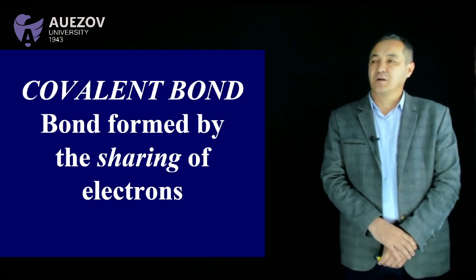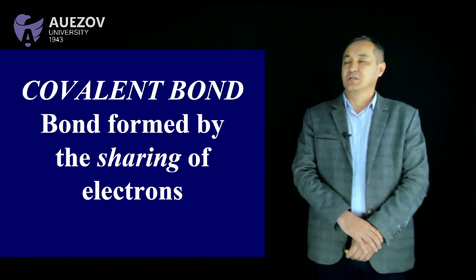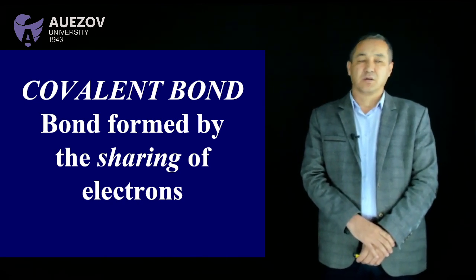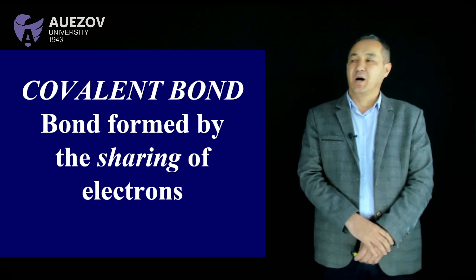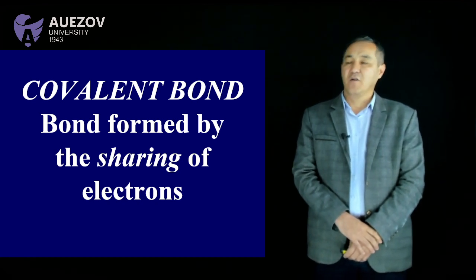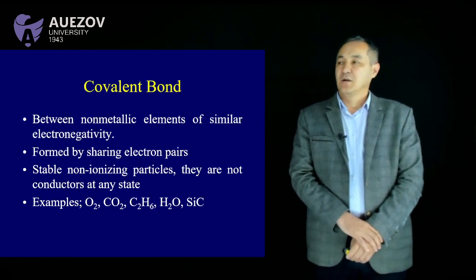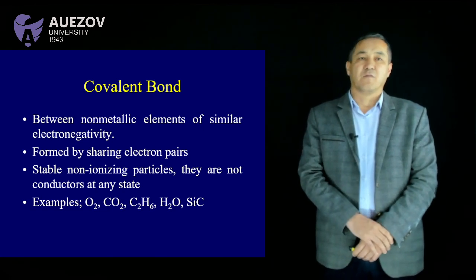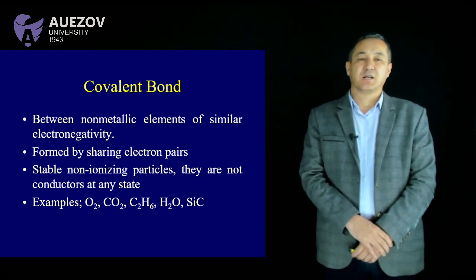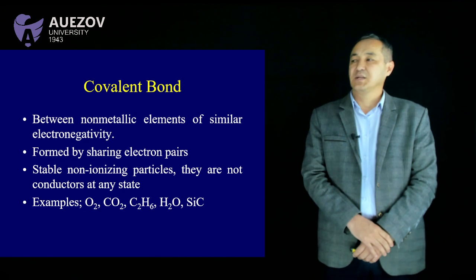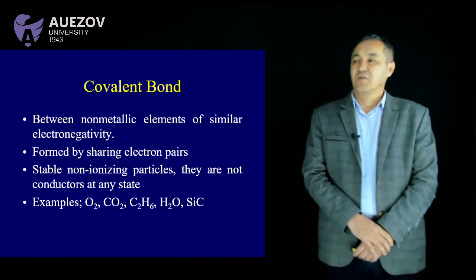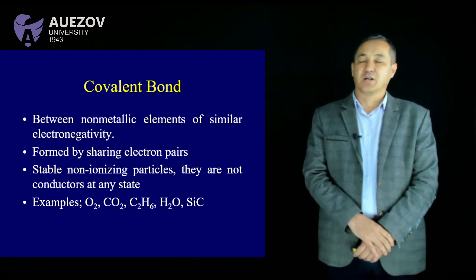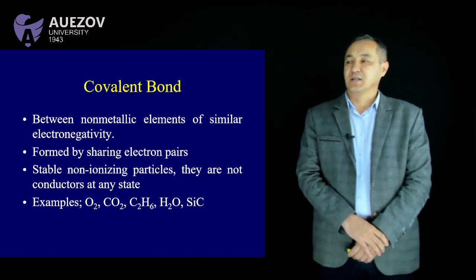The second type of chemical bond is the covalent bond. A covalent bond is formed by the sharing of electrons. It is formed between non-metallic elements of similar electronegativity, by sharing electron pairs, giving stable non-ionizing particles.